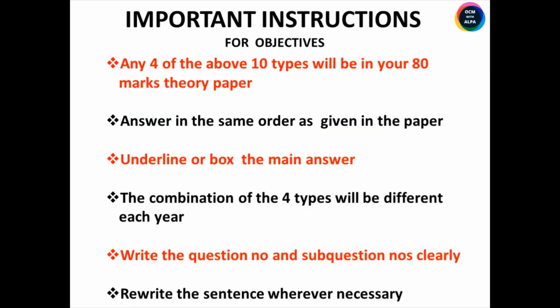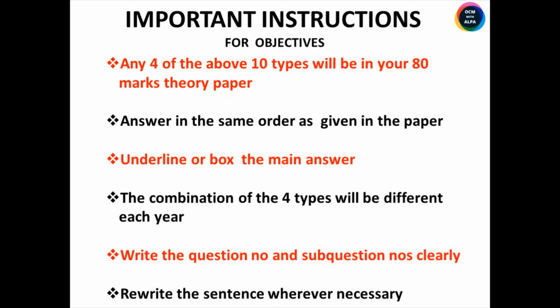Let us just brief up about the important instructions that we've been talking about. As we know, out of the 10 types in the new paper pattern, we will be asked only 4 of these, each carrying 5 marks, totaling to 20 marks. When you are answering objectives, do not change the order. Just write your answers in the same order as it has been asked in the question paper. So don't jumble up your sub-questions internally as well.